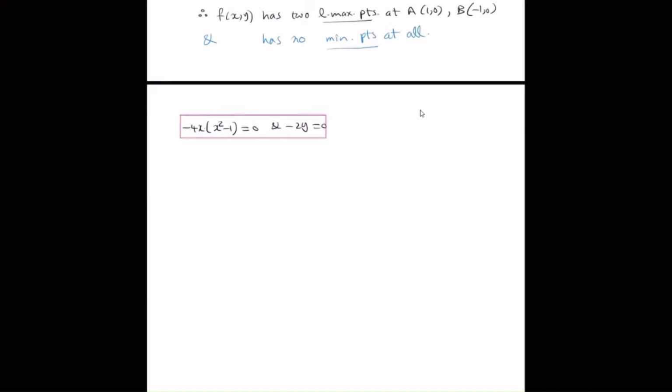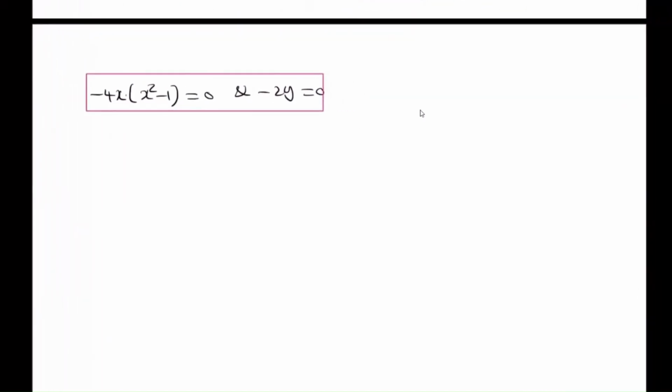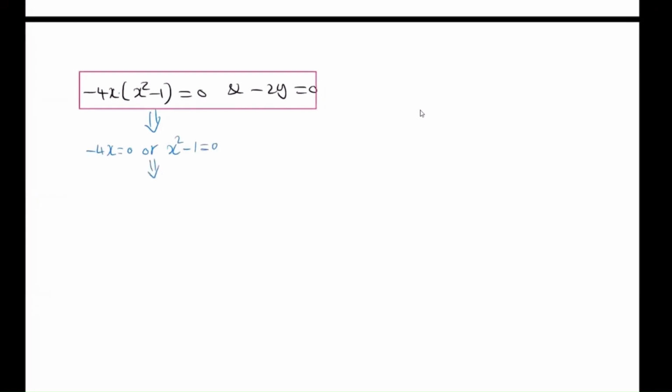So, as usual in algebra, what happens? x equals 0 or x squared minus 1 equals 0. Minus 4x equals 0 means x equals 0. x squared minus 1 equals 0 means x equals plus or minus 1. Yes.